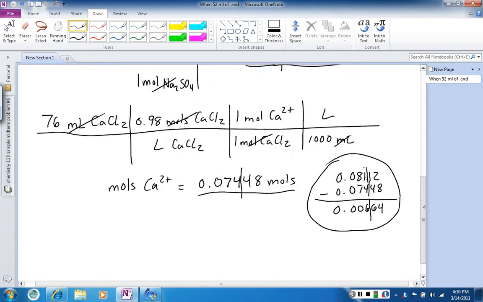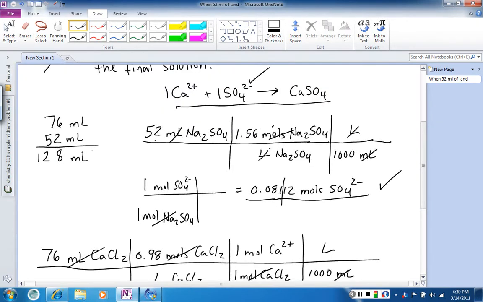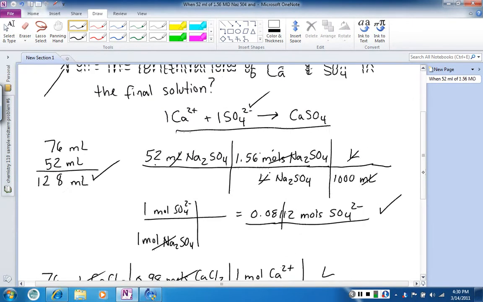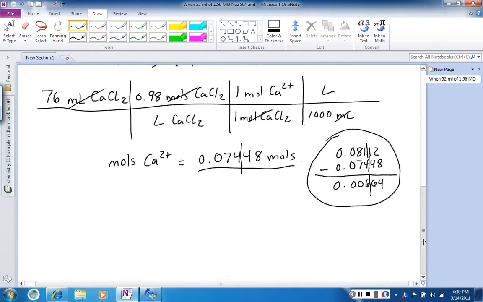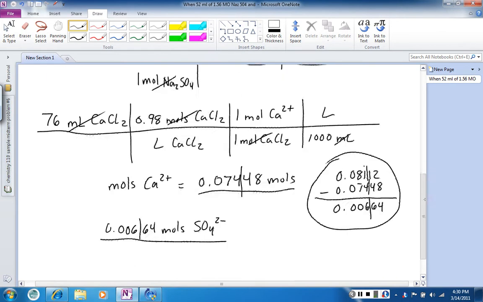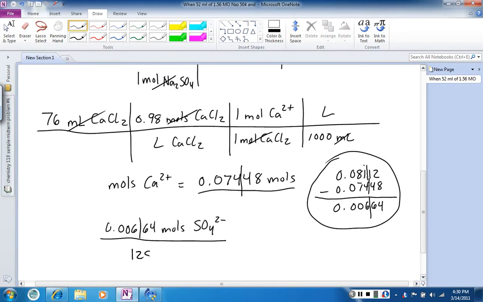So now, remember our first thing we did was figure out our total volume. So let's put that excess SO4 2 minus over our total volume. So we have 0.00664 moles SO4 2 minus divided by our total volume now, 128 mils. We're not done yet. We got to get it out of milliliters for molarity.